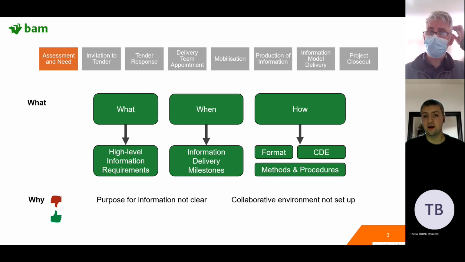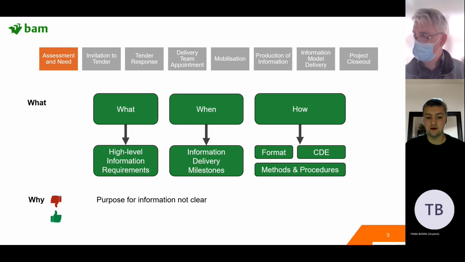And if the client's asking for a whole pile of information which they have no intention of actually using, they basically get dumped with loads of information and have no idea how to use it. So they've wasted money in forcing us to do it, and it's often been challenging to pull that information together as well. So purpose is really important, and the contractor is within their rights in the ISO 19650 process to challenge the client on why they've asked for that.